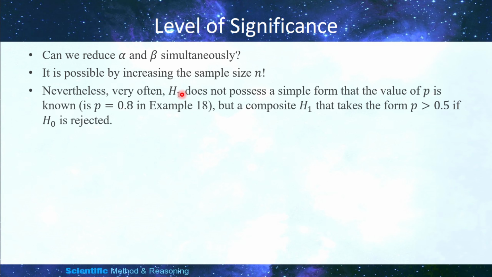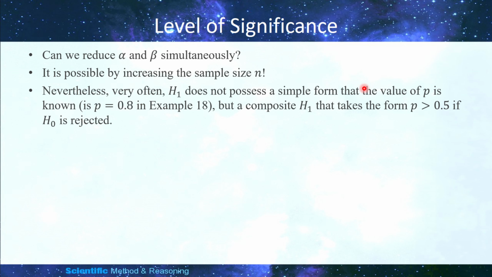But nevertheless, very often the alternative hypothesis does not possess a simple form where the value of p is known. For example, in example 18, the alternative hypothesis is specified by p, the probability of making a correct prediction, equal to 0.8. But sometimes we have a composite alternative that takes the form p greater than 0.5 if the null hypothesis is rejected. Sometimes we do not want to be specific to test for p equal to 0.8.